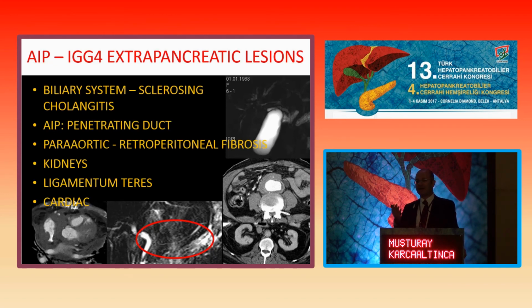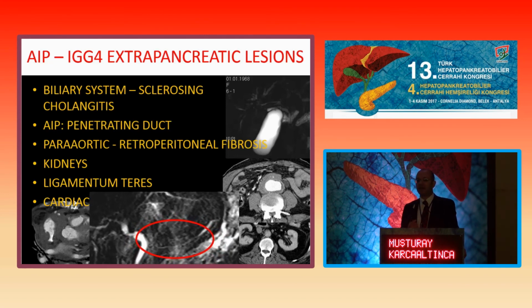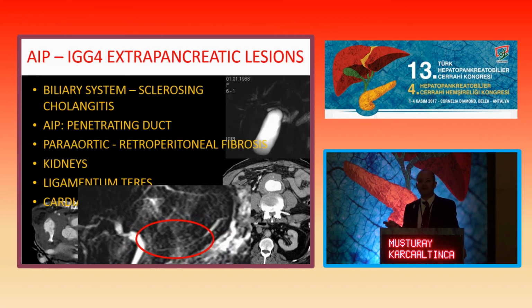So whenever we see a mass-like lesion within the pancreas or the common bile duct, we always look at these organs because it's a very useful thing for us, and it doesn't matter if it involves the common bile duct or the pancreatic duct. It doesn't cause full obstruction. It doesn't cause complete obliteration of the lumen. You can see that there is mild dilatation of the Wirsung distally, but you can see the lumen of the pancreatic duct at the body of the pancreas.